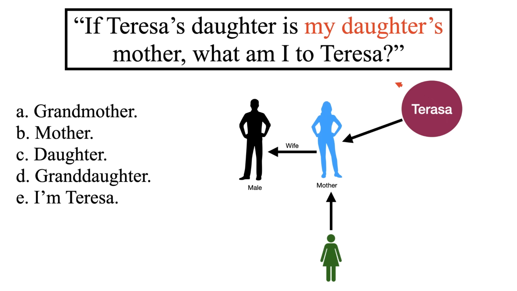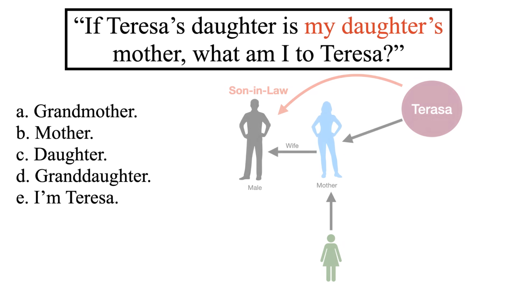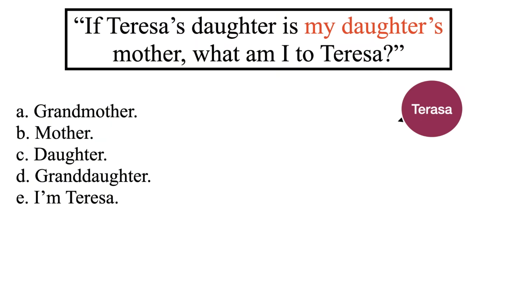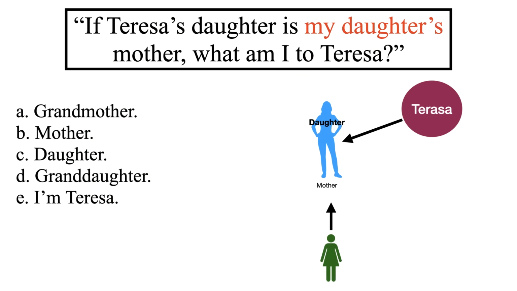Hence, I here is Teresa's son-in-law. Now if you take the second case into consideration, Teresa's daughter equals my daughter's mother, or Teresa's daughter equals me, because definitely if I am a female, then I am my daughter's mom. Hence, I here is Teresa's daughter.